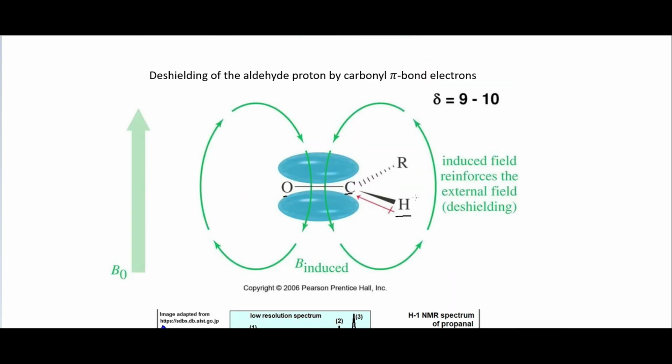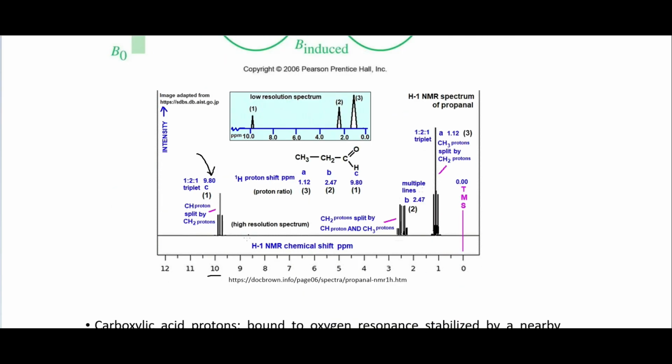And that's because we not only have this induced field reinforcing the external field, but we are also close to an oxygen, which will further pull some of that electron density away, even further de-shielding it. And so we get a lot of de-shielding on this aldehyde, so that shows up way over to the left at about 10.